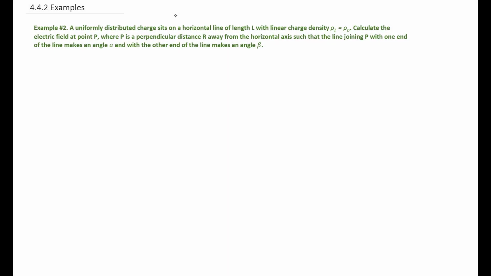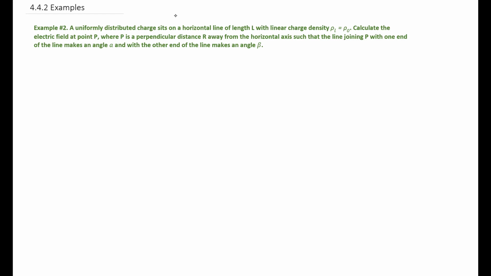So in this example, there's a uniformly distributed charge that sits on a horizontal line of length L with linear charge density rho L equals rho naught. We want to calculate the electric field at point P, where P is a perpendicular distance r away from the horizontal axis, such that the line joining P with one end of the line makes an angle alpha, with the other end of the line making an angle of beta.